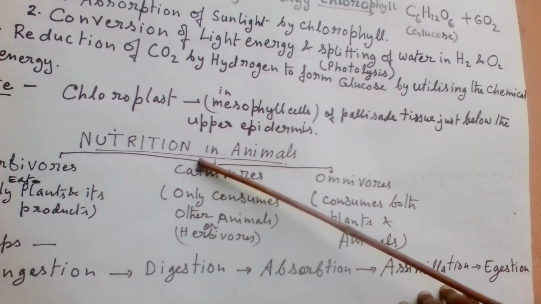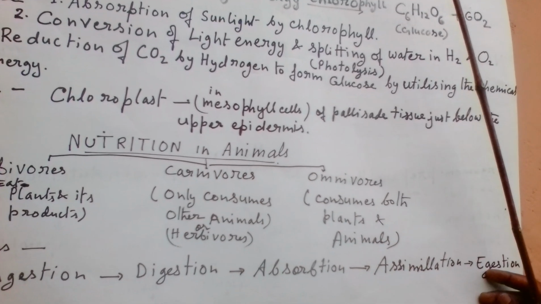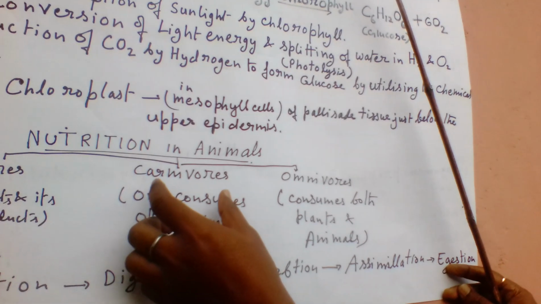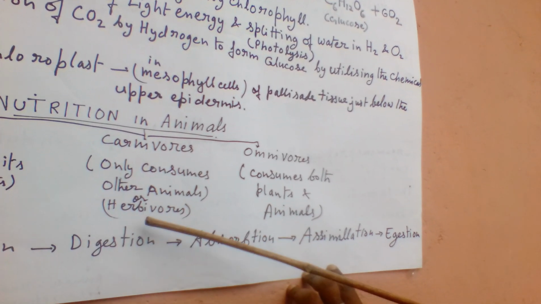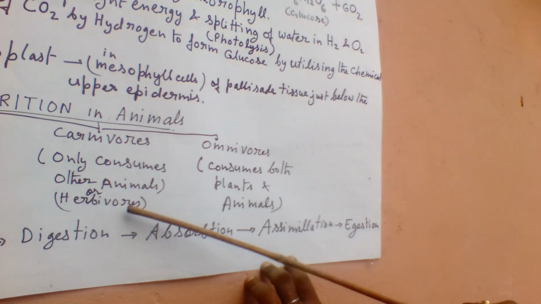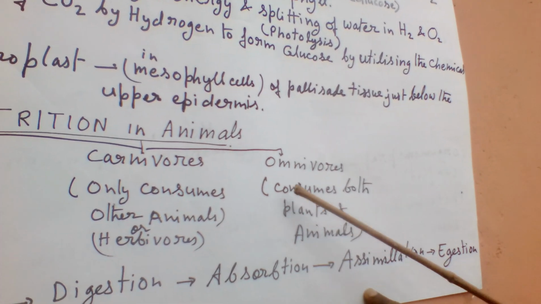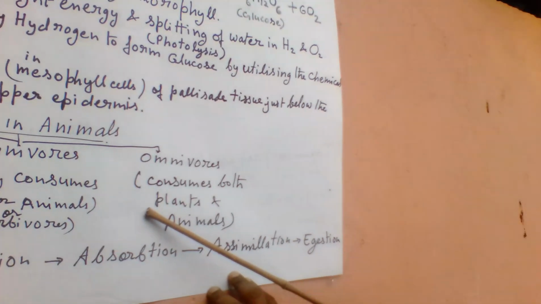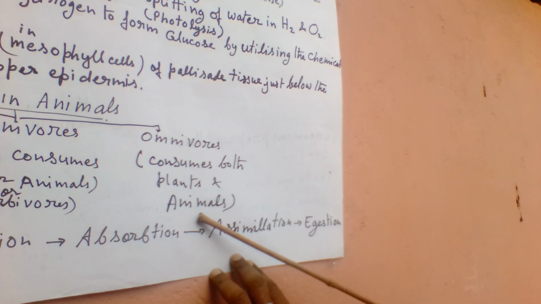Whereas some of them eat only flesh and other small animals, and they are called carnivores. They consume herbivores or some small animals directly. And finally, there is a category of animals which eat both plants and animals.